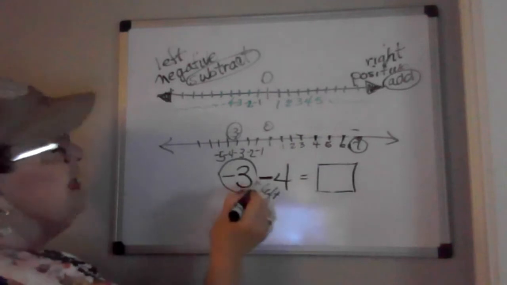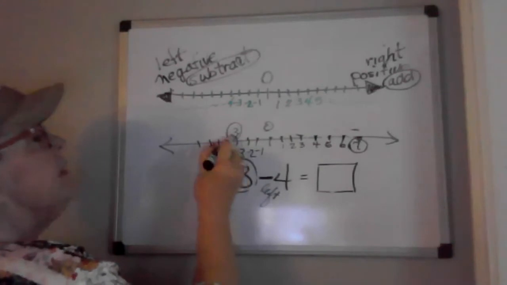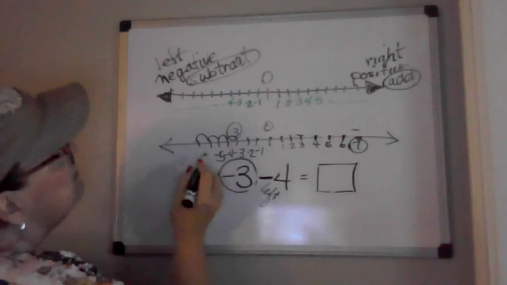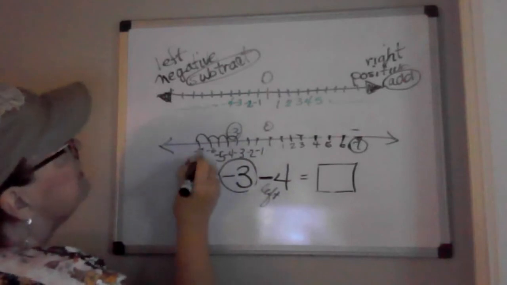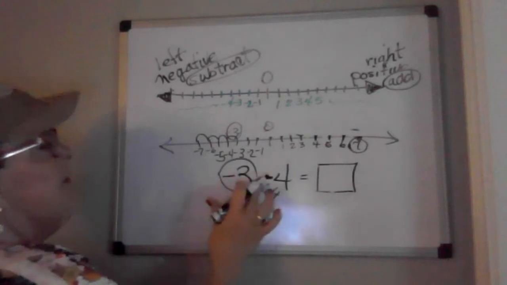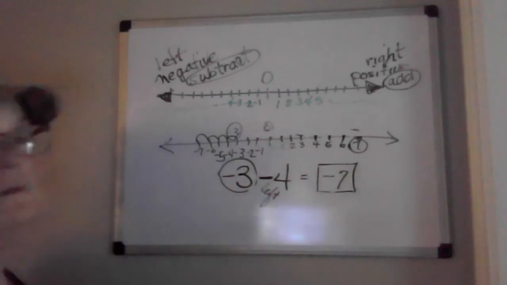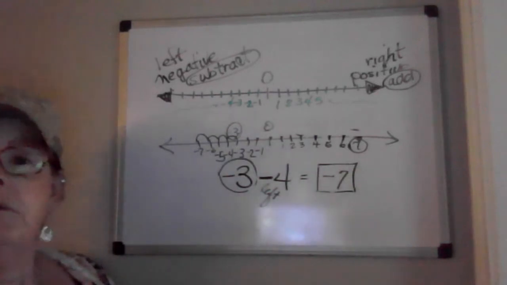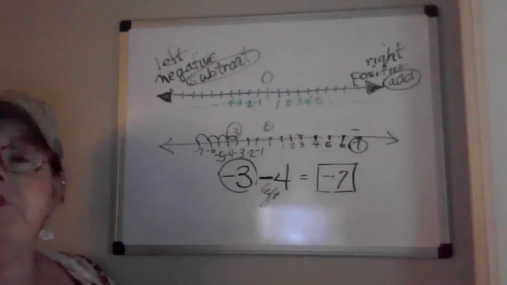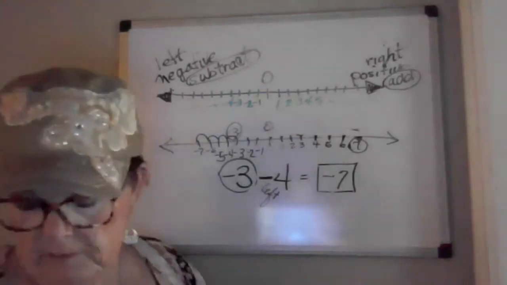So I'm going to the left of negative 3 4 places. So here's my negative 3, 1, 2, 3, 4. This is negative 6 there and negative 7 there. And so negative 3 minus 4 is going to be a negative 7. Y'all see how this works? Very elementary, yes. But sometimes the basics are the most important thing that you're going to put in your brain.